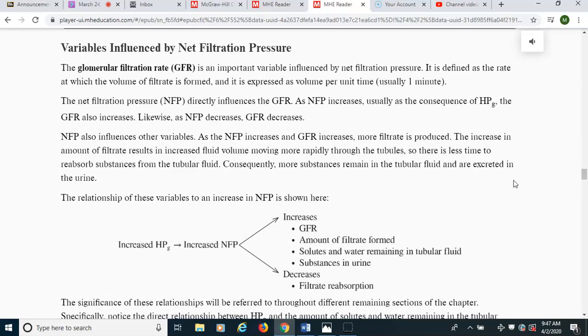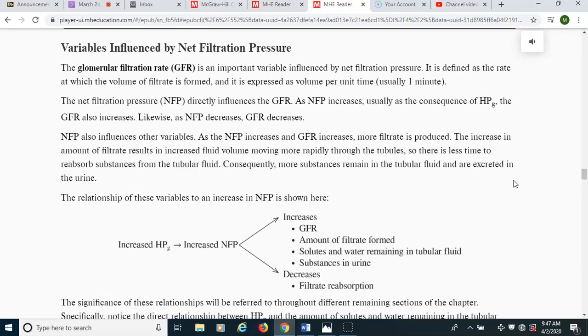And the big thing, the first thing that's going to cause some problems, is the waste products that stay in the blood are going to start to increase in amounts, and those are toxic to our body cells. So they will have an adverse effect on our body cells. So that's what's going to happen if we have a decrease.